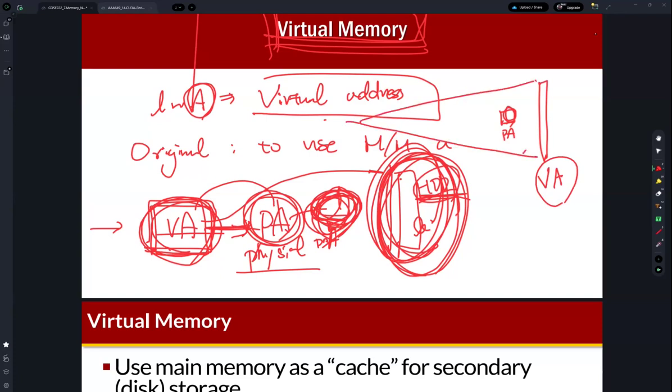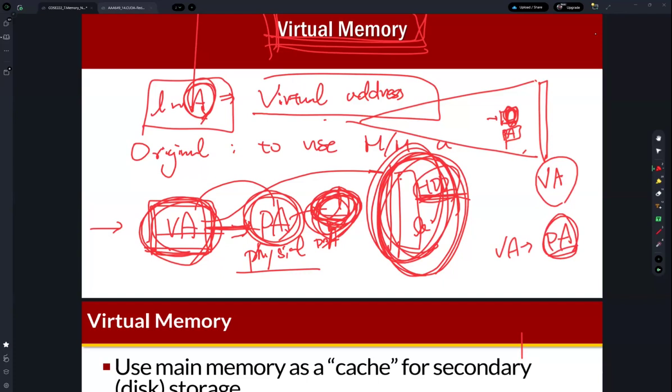The programmer thinks that they can use a very large memory space, so we can execute the load instruction using this virtual address. But in order to access the data in the physical memory, the virtual address needs to be translated into the real address, the physical address.